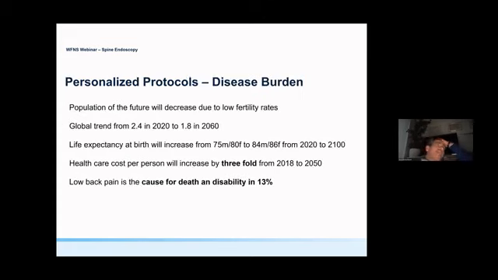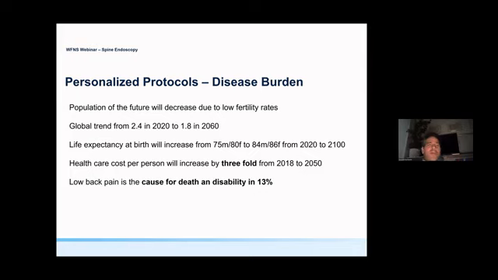If we look at the population in the world overall, we see that up to 2040, 2050, probably the world will grow, but then, because of lower fertility rates, the population will shrink.